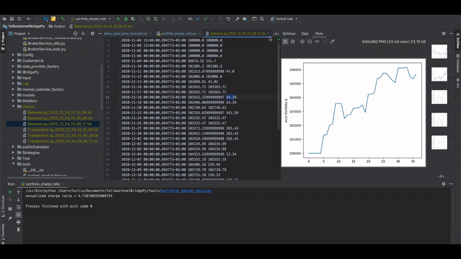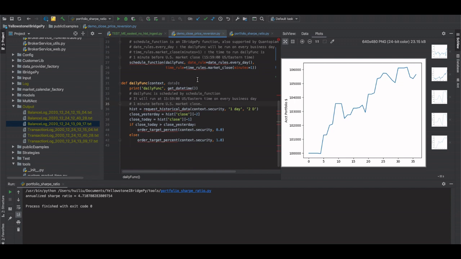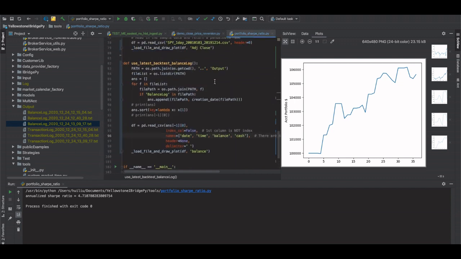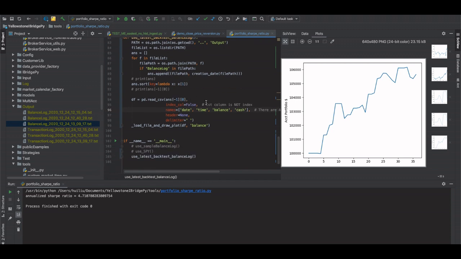So if we switch to this, we are reading in this balance log, which is the latest backtesting balance log. And then we use Python plot to draw a chart to show our simulation result.